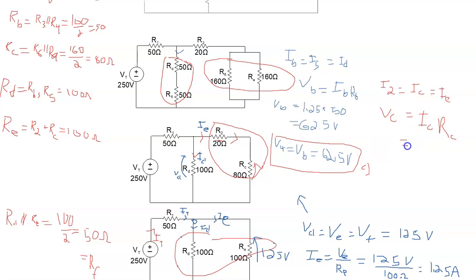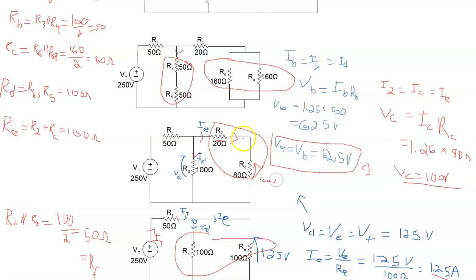And so for VC now, IC is equal to IE, which we calculated at 1.25 amps, times RC, which is 80 ohms. And that gives us VC is equal to 100 volts. And so we have VC here at 100.